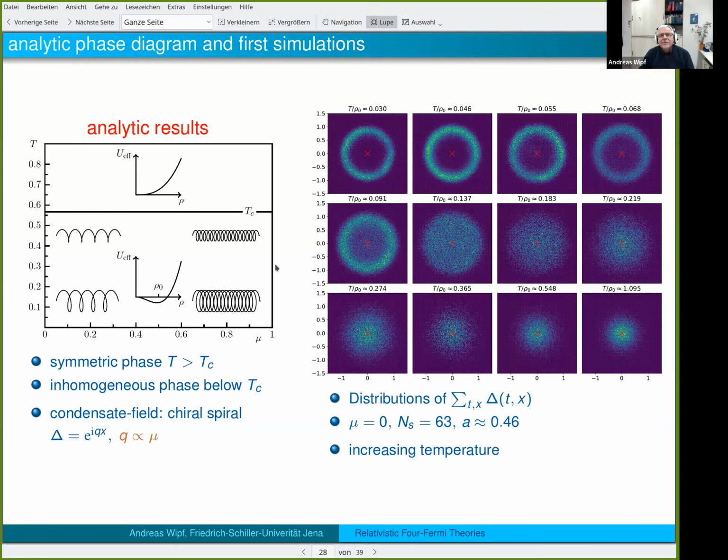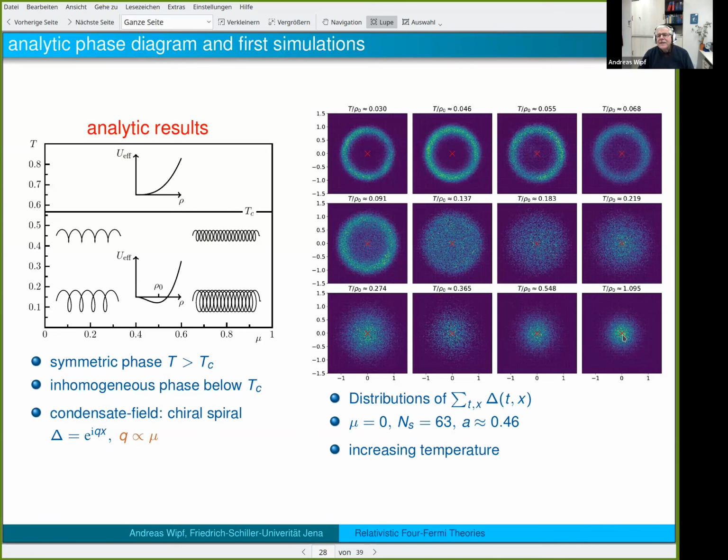Okay, now we again do simulations at finite number of flavors, and this was 8 flavors, I guess. And what you see at low temperature, again, this is a histogram of the sigma field. We have this ring structure, and then you increase the temperature going to the right, and further increase the temperature.